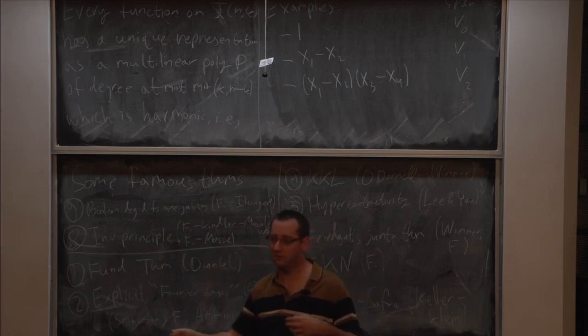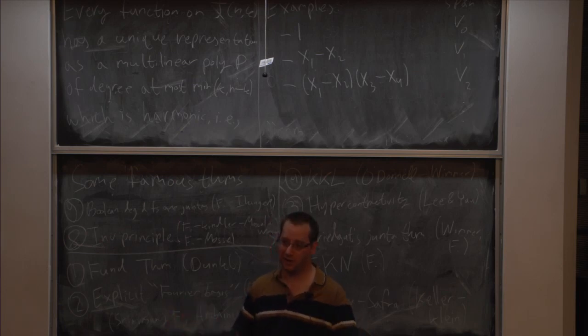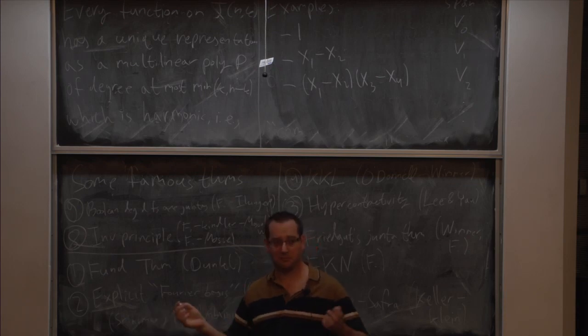And then you can prove that these two functions are going to have similar behavior. For example, they're going to have similar L2 norms. If one of them is Boolean, the other one is going to be close to Boolean. The best possible way to do it also.